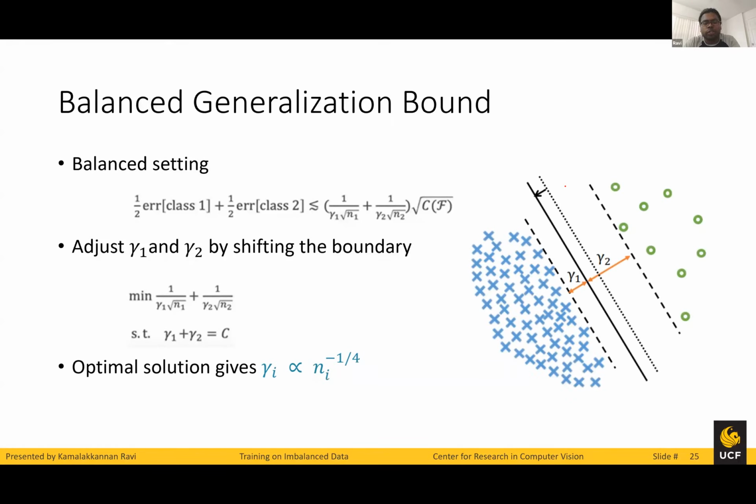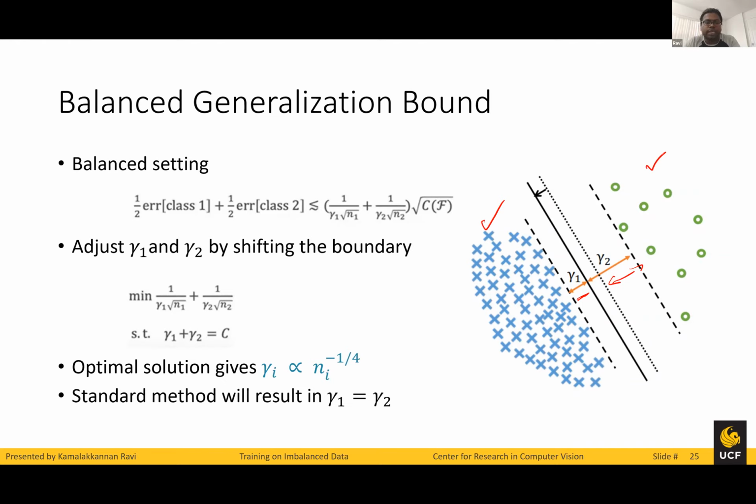The optimal solution gives a tighter margin for the majority class, as we see here, and a very large margin for the minority class, as we see on the right. In the optimal solution, the margin is inversely proportional to the fourth root of the number of samples.